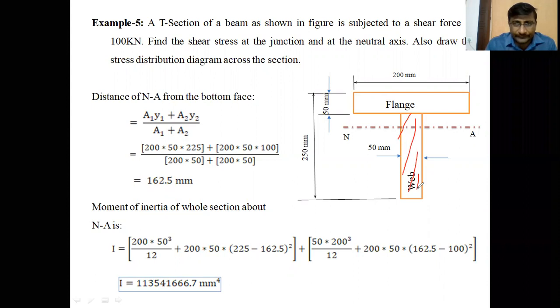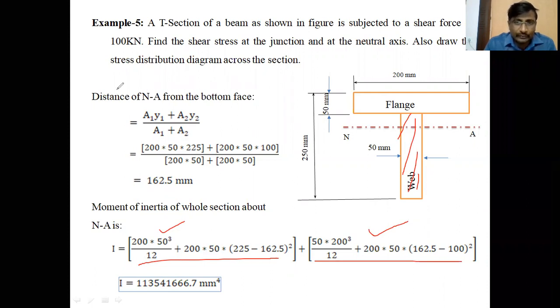Two areas are there, so separately we have to calculate the moment of inertia and sum the two, then we get the whole moment of inertia.